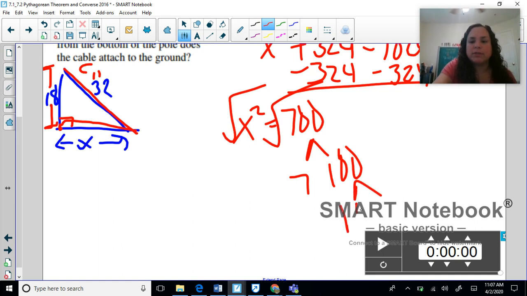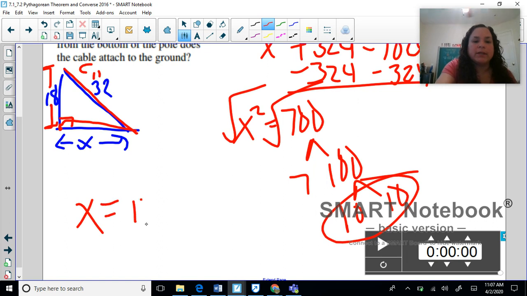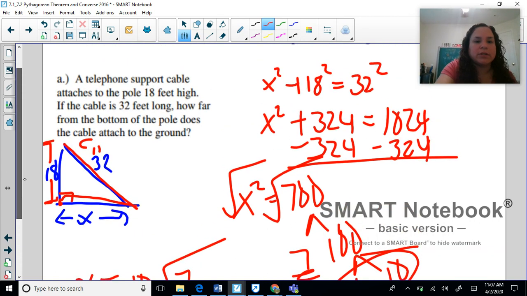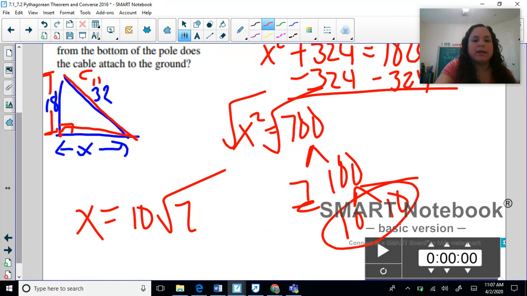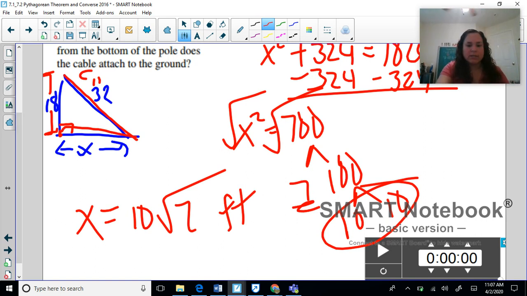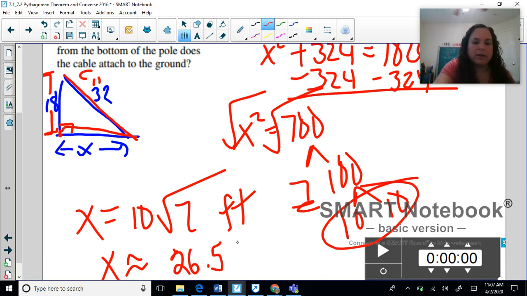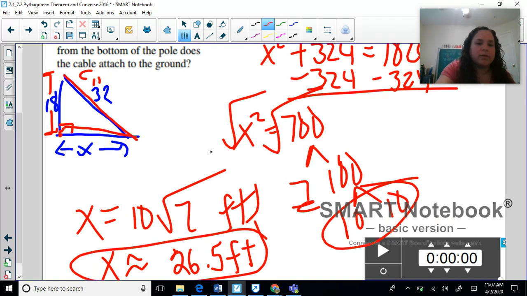The 100 breaks down to 10 times 10. The 10 repeats, so we can take the 10 out. The 7 stays inside the radical. So our final answer, let's see what the units are, will be 10 root 7 feet. Now, if you wanted to convert this into a decimal, that would be approximately 26 and a half feet, or 26.5 feet.